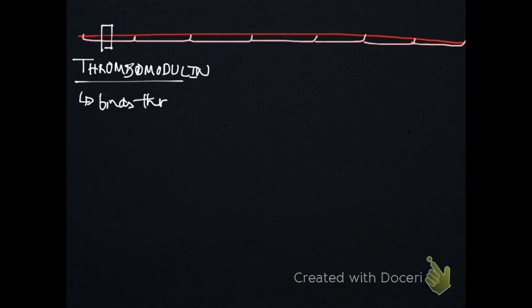Thrombin itself can have pro- as well as anticoagulant effects, and this is where we're going to see thrombin's anticoagulant effect, in that it binds to thrombomodulin on a normal endothelial surface.